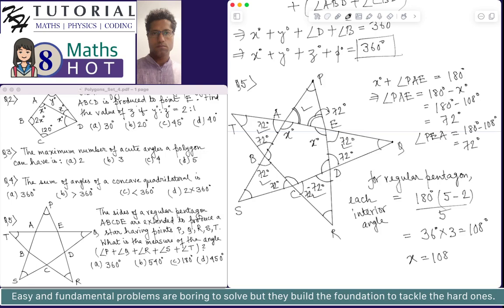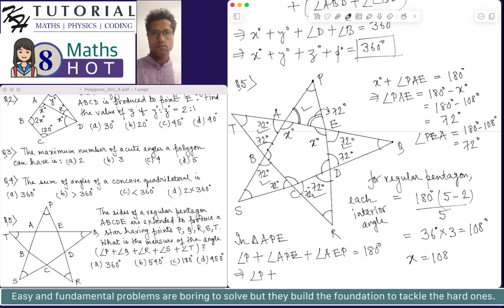Okay. Now in triangle APE, using the angle sum property, we must have angle P plus angle APE plus angle AEP equal to 180 degrees.